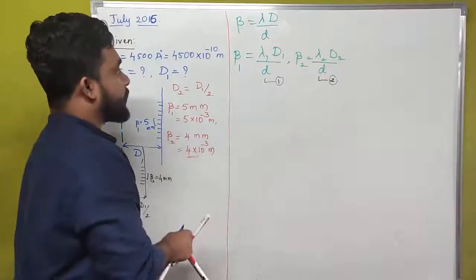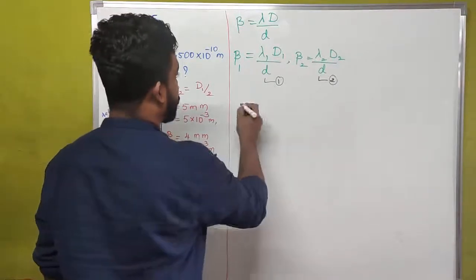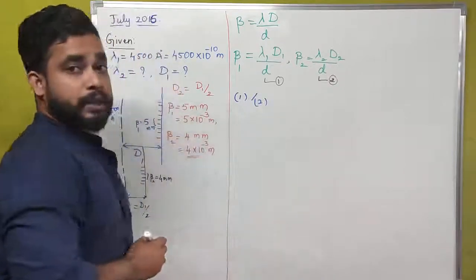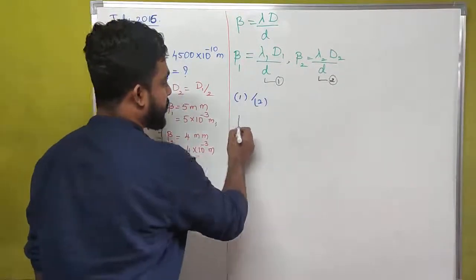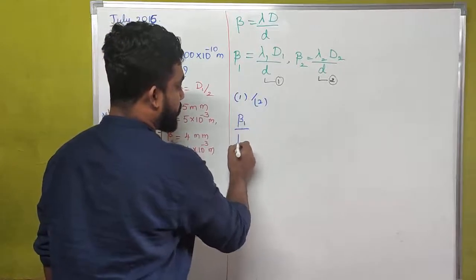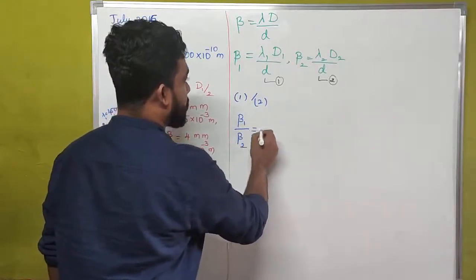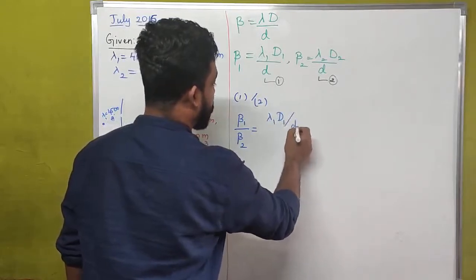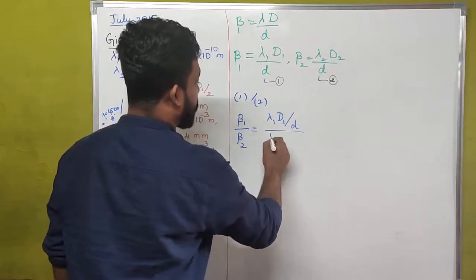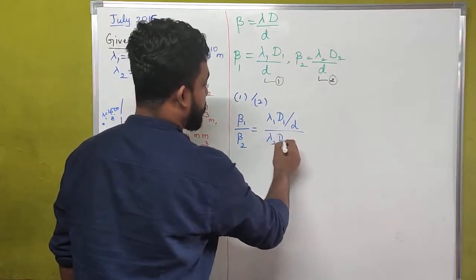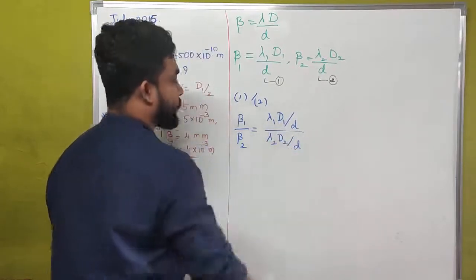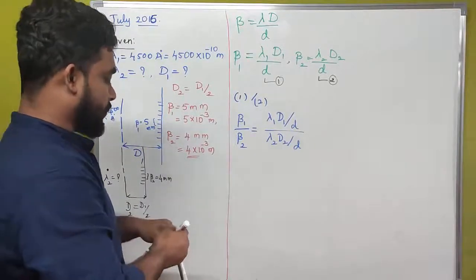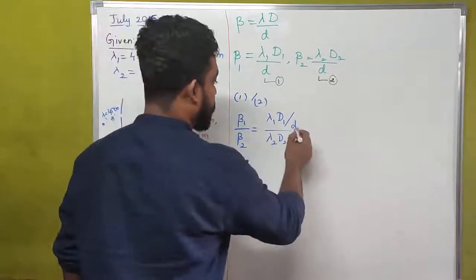If we divide equation 1 by equation 2, then what we will get? Beta 1 divided by beta 2 is equal to lambda 1 capital D1 divided by small d, over lambda 2 capital D2 divided by small d. And if we cancel the same things, here small d gets cancelled.